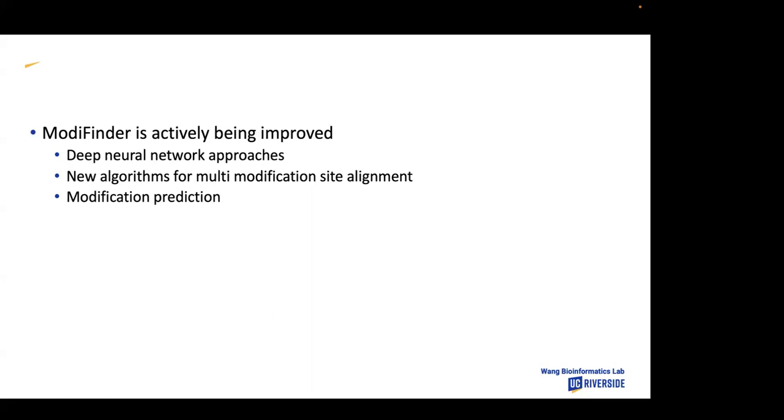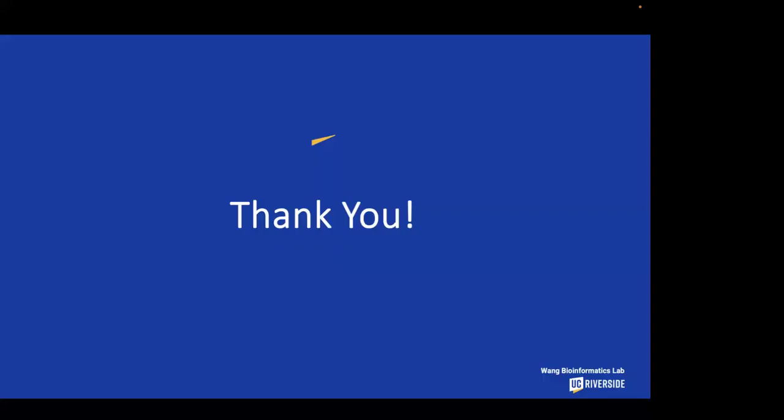So yeah, ModiFinder is actively being improved. Even if you have examples that don't work on the current version, hopefully they would work in soon-to-come versions of ModiFinder. And thank you for listening, and I'm available for any questions that you have.